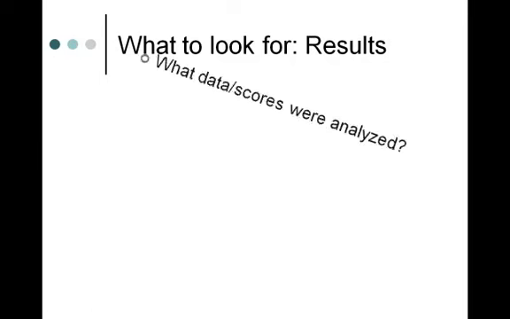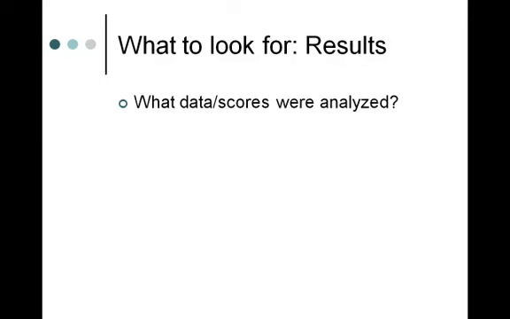Okay. The results section, you want to look at what data or scores were analyzed. Maybe in the method section they said they gave the MMPI-2, and it generates all these different subscale scores. Well, which subscale scores did they look at, and did they throw any out? Because sometimes they'll say such and such was analyzed after eliminating outliers.